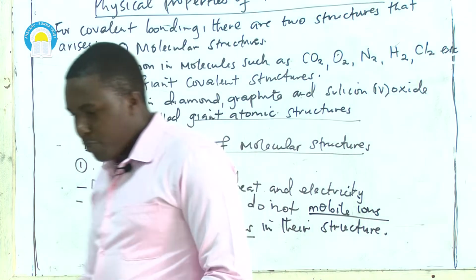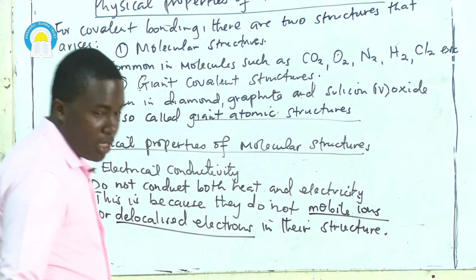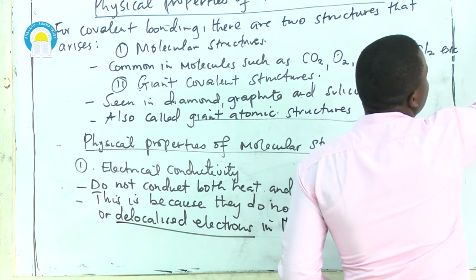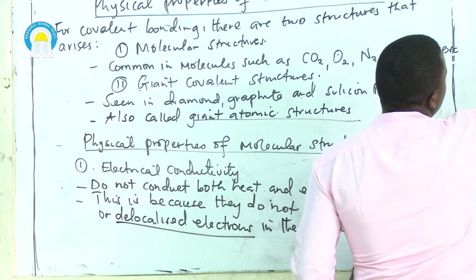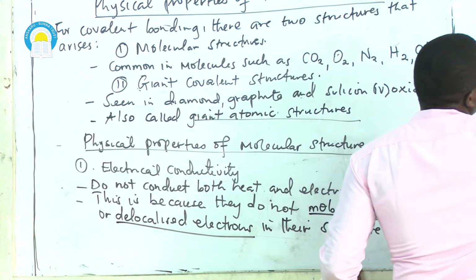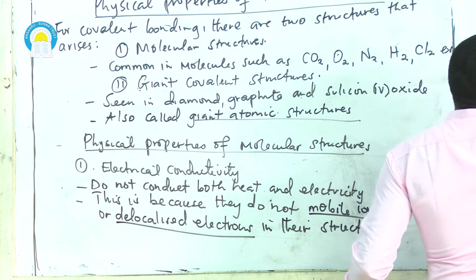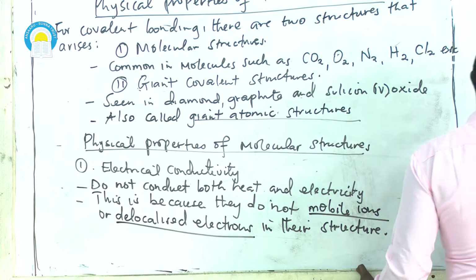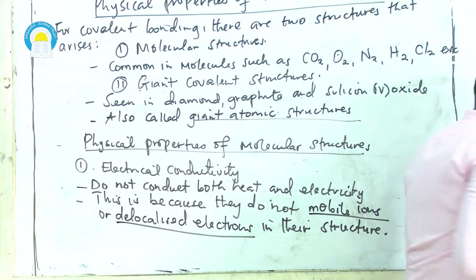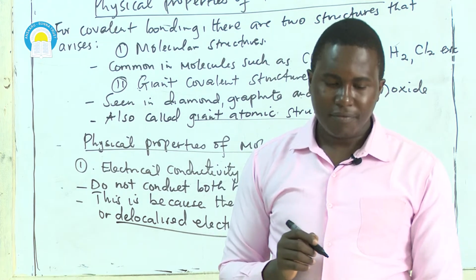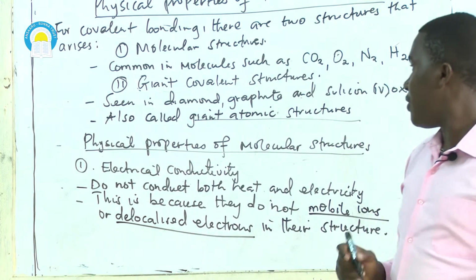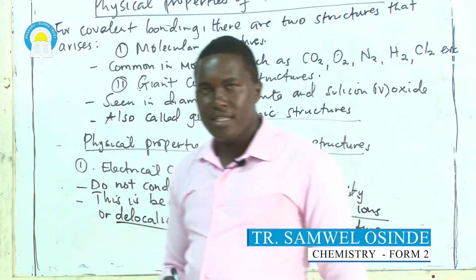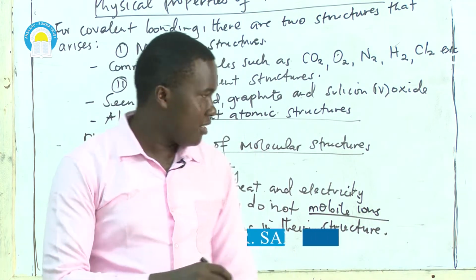The second physical property that you want to look at is melting and boiling points. We have seen earlier that melting and boiling point is associated with bond breakage.